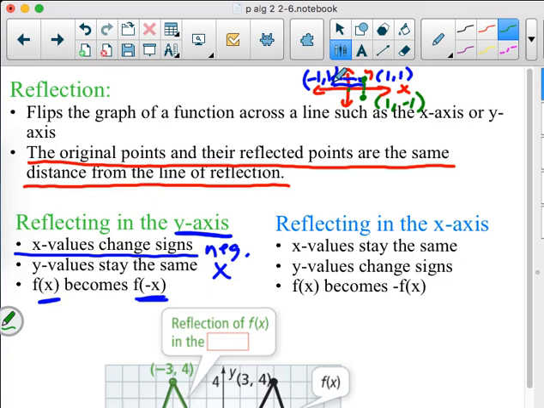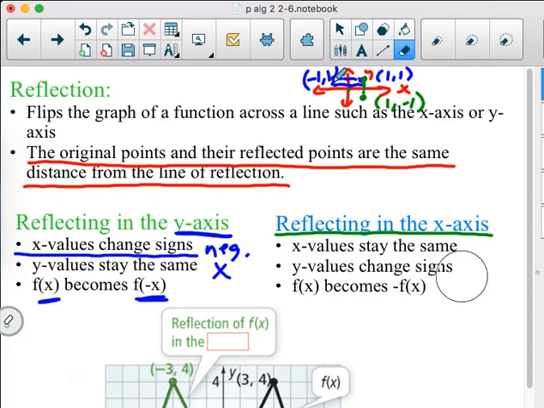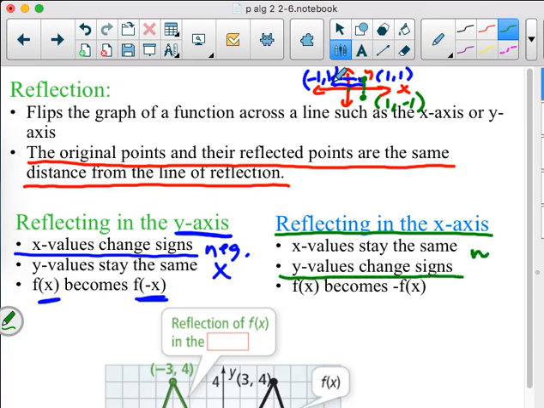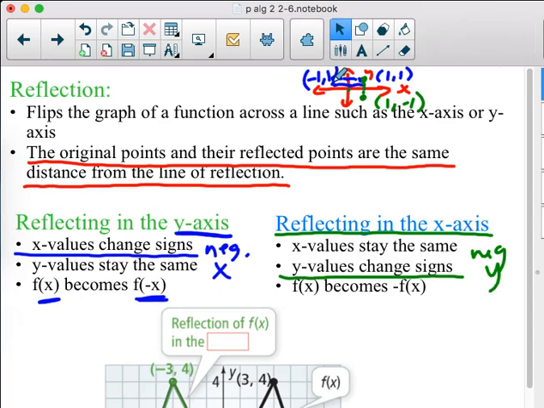So when I reflect in the x-axis, the x values stay the same, but the y values change sign. So I'm going to put negative y right here. When we reflected in the y-axis, we made the x negative. When we reflected in the x-axis, we made the y values negative.